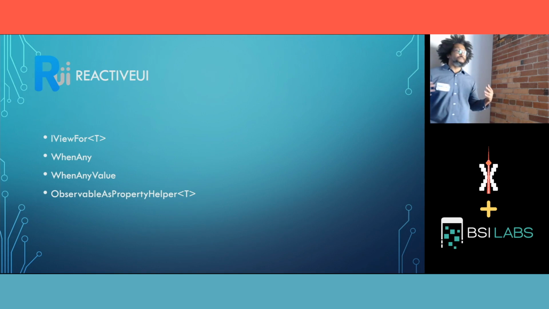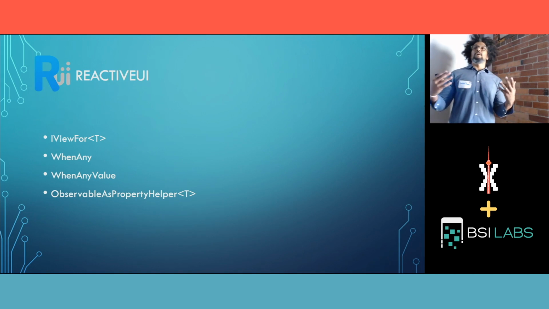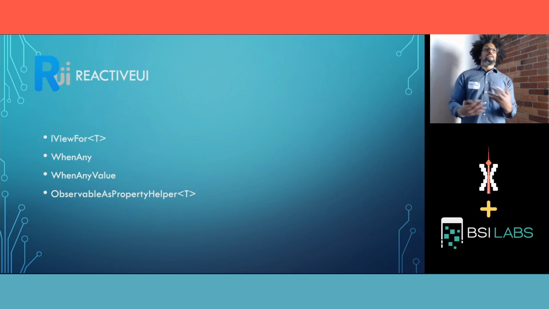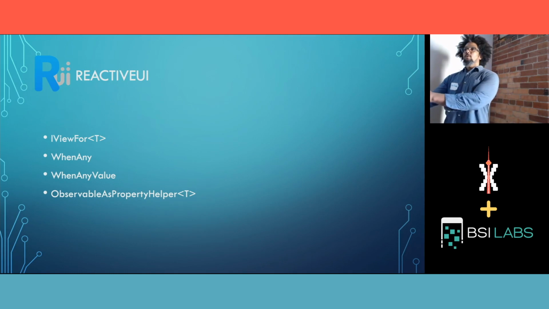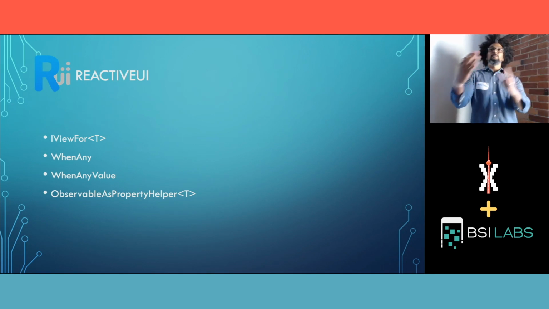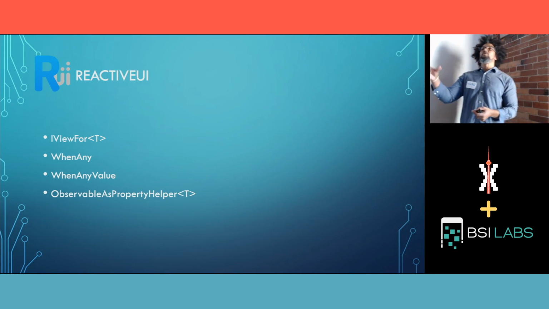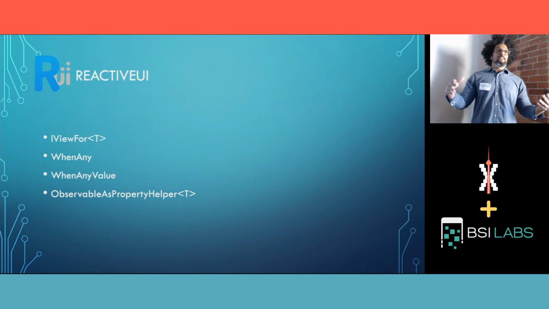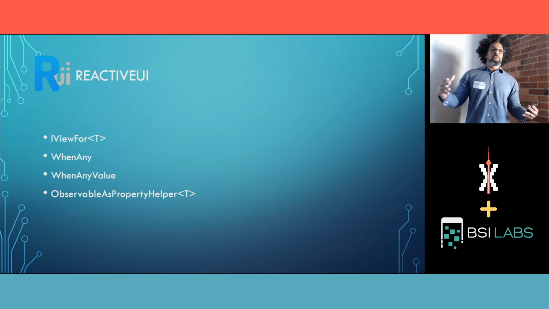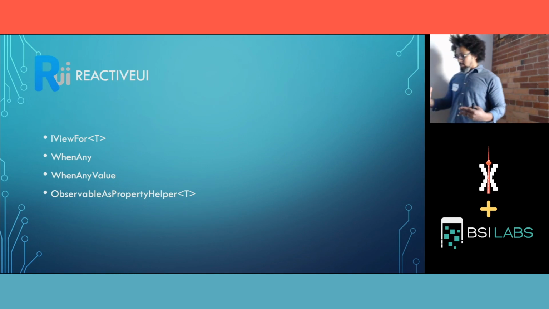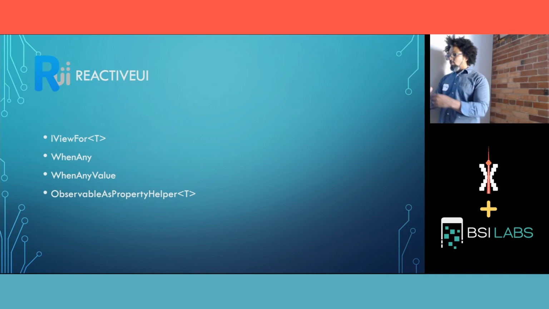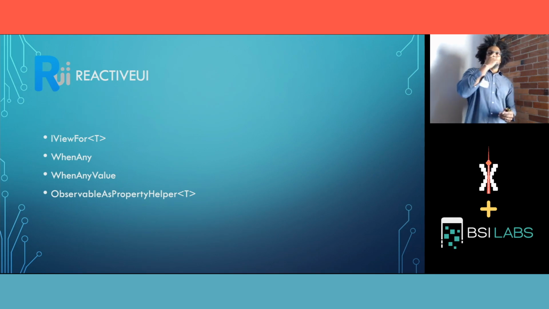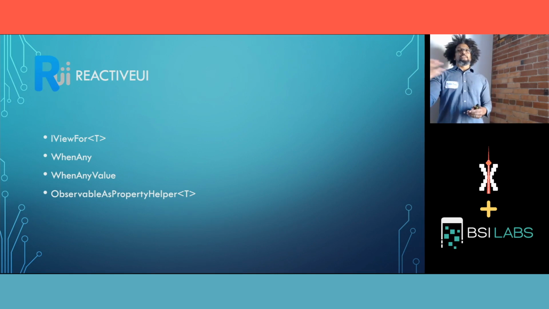Every MVVM framework requires some bootstrapping, and bootstrapping means that you will need to tell the views which view model belongs to them. If not, you will need to do that binding by hand.